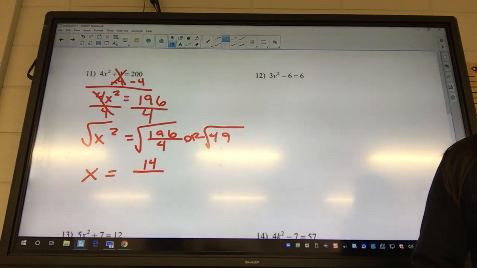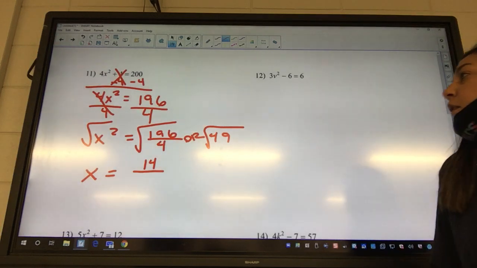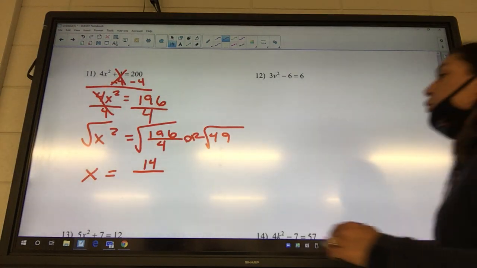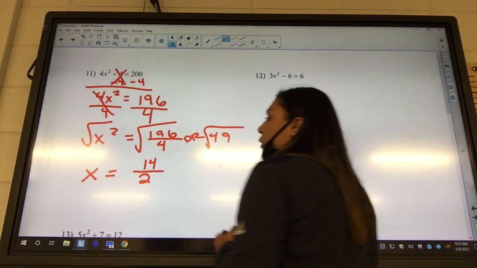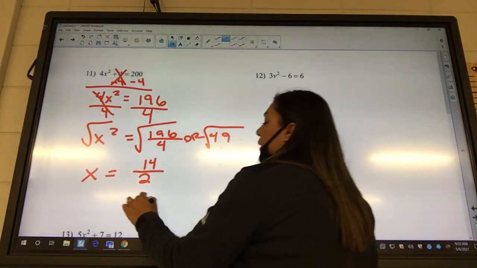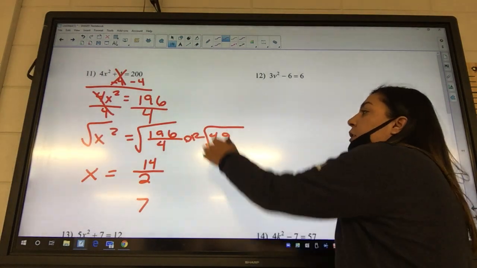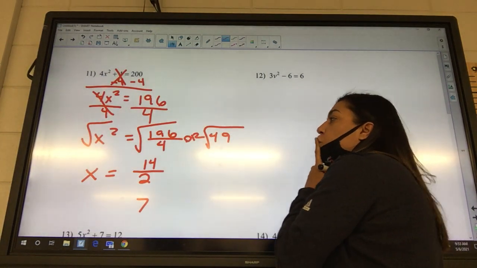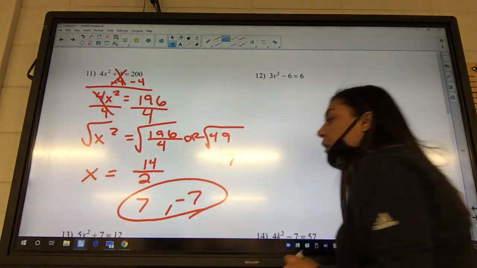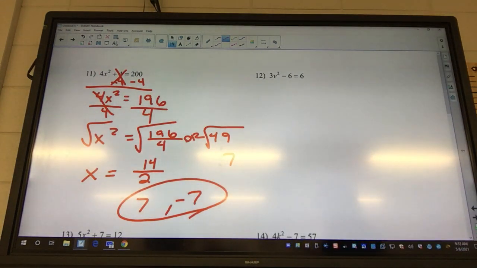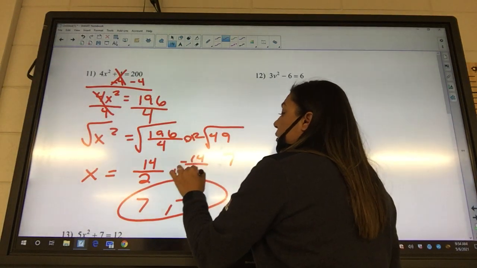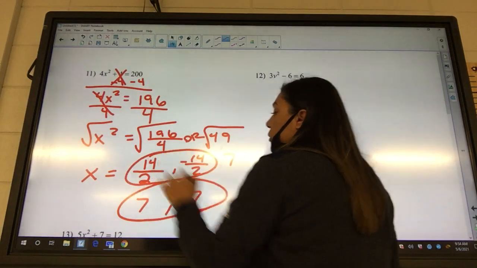What you typed in, buddy? 196 divided by 2? No, we got to do square root, we can't do divide by 2. And the square root of 4 is 2. What is 14 over 2? 7. What's the square root of 49? 7. So either way works, but you should get 7 and negative 7 as your answer, or negative 14 over 2. Either one of these would work.